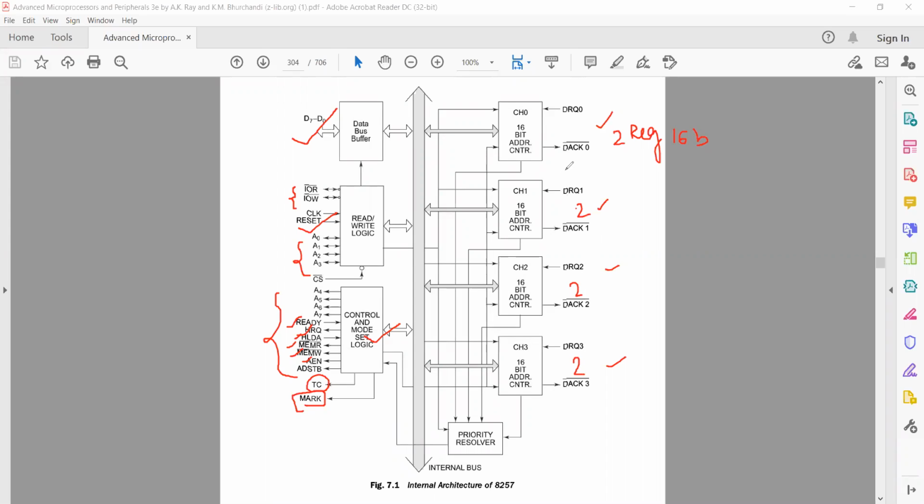So how many resistors do we have? In total, 8 resistors. We'll see what those resistors are.